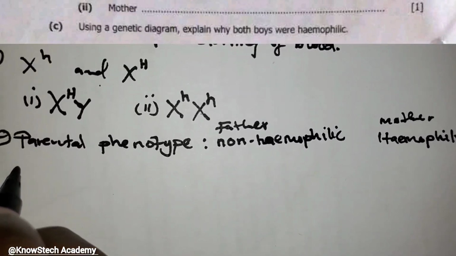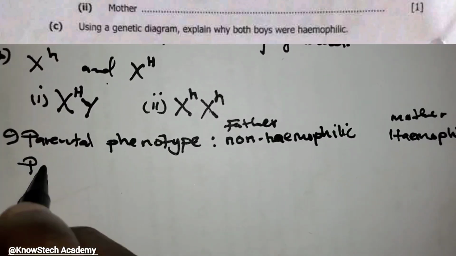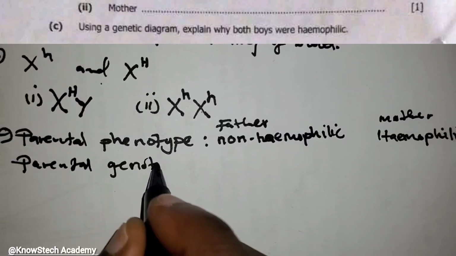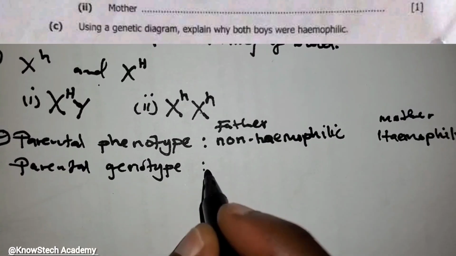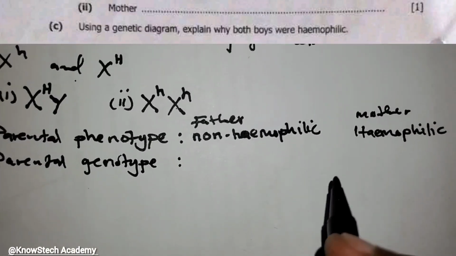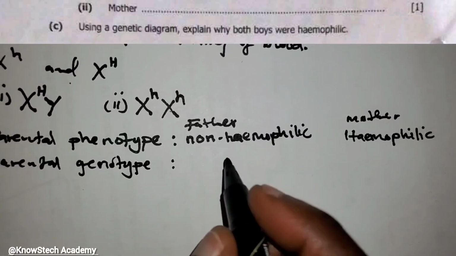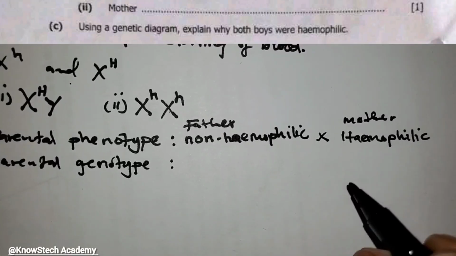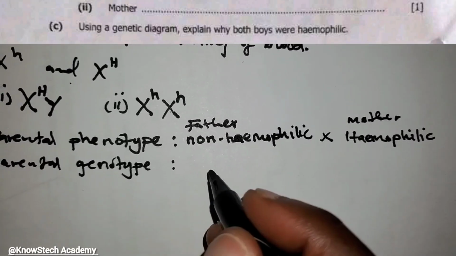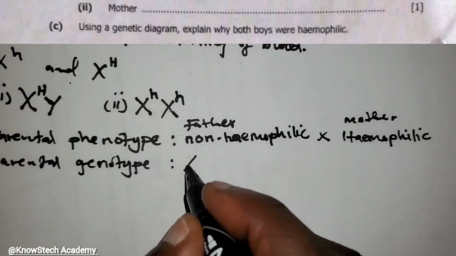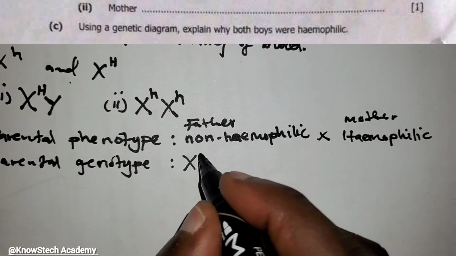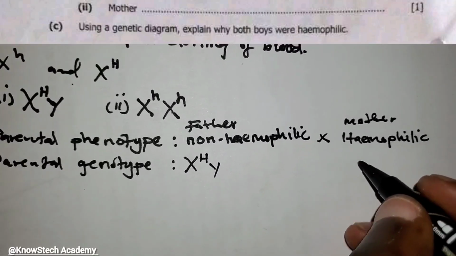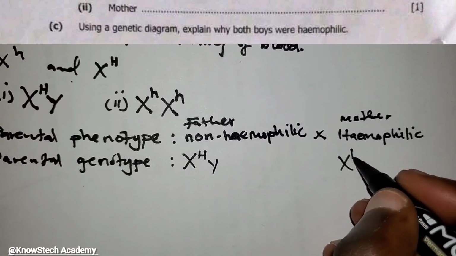Next is parental genotype. Since the father was non-hemophilic, non-hemophilic is crossed with hemophilic. So the genotype of the father will be normal, like this. Then that of the mother will be affected, like this.